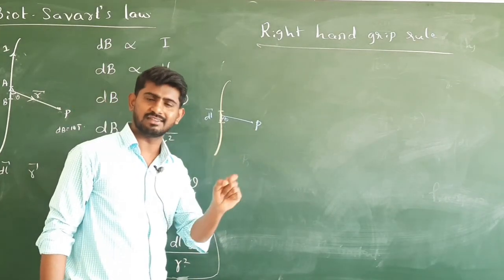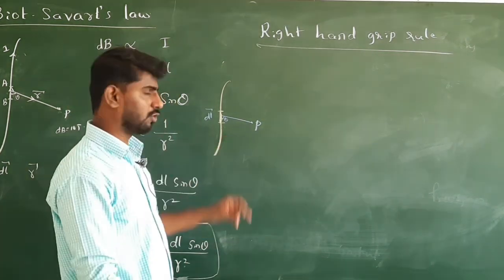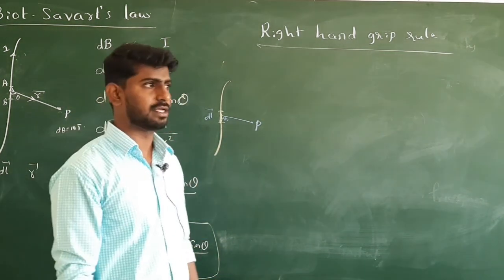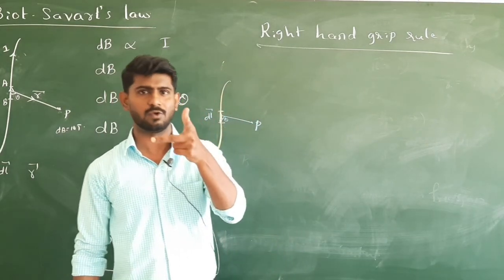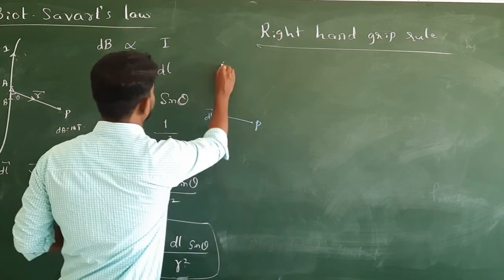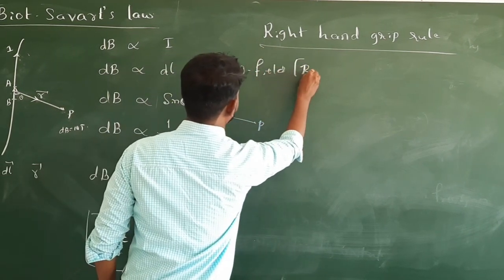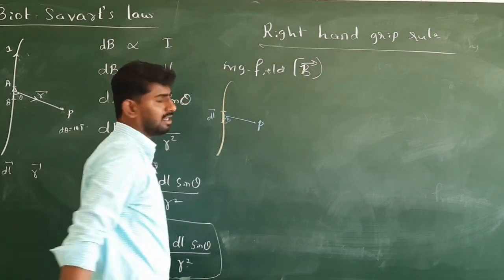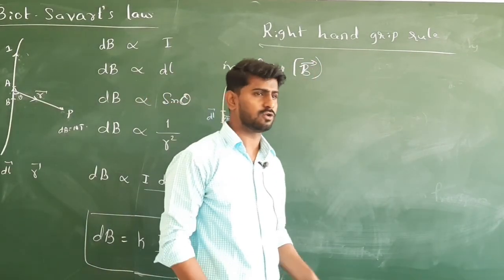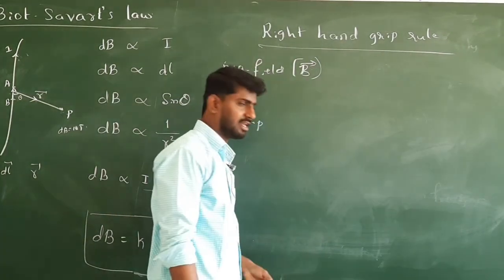Magnetic field strength is a vector quantity, symbolically B vector, with SI unit Tesla. To find the direction, for magnetic force we have Fleming's left hand rule. In the same way, to get the direction of magnetic field, we use one more rule, which is called the right hand grip rule.